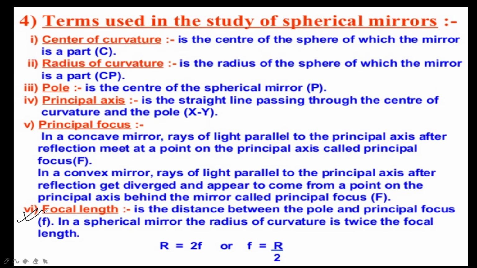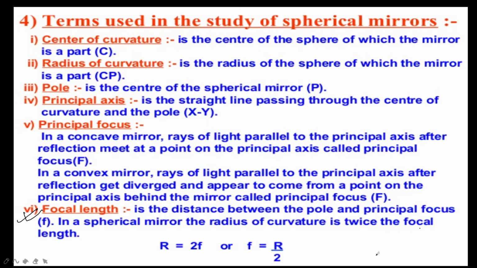So what is the focal length? For a spherical mirror of small aperture, the radius of curvature is equal to twice the focal length. Focal length is the distance between the pole and principal focus, and in a spherical mirror the radius of curvature is twice the focal length.